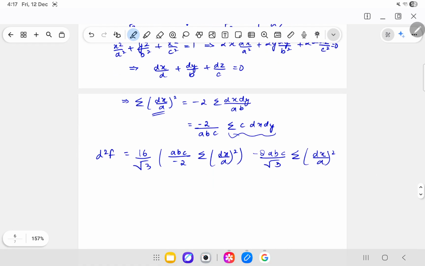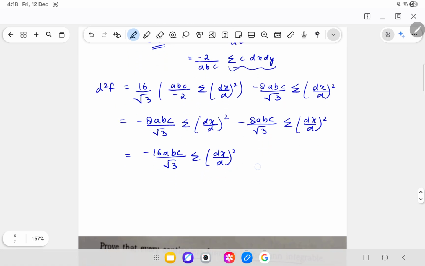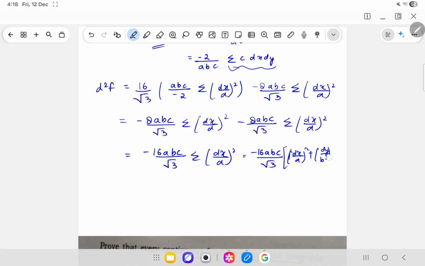So this will be equal to minus 8abc divided by square root of 3 summation dx by a square minus 8abc divided by square root of 3 summation dx by a square, which will give me minus 16 abc divided by square root of 3 summation dx by a square, which is basically equal to minus 16 abc divided by square root of 3 times dx by a square plus dy by b square plus dz by c square, which is less than 0.